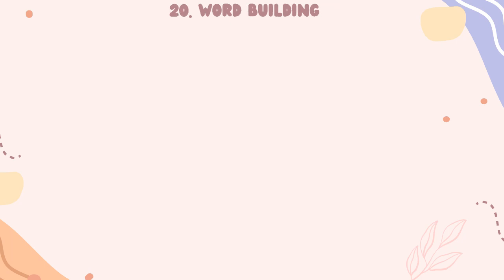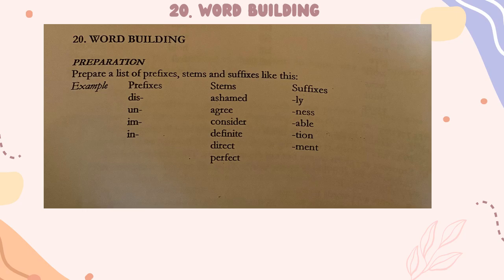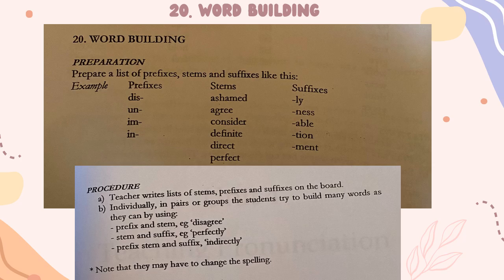Technique number 20 is word building. This technique is a bit more advanced compared to others since it requires students to work with affixes. They have to know what suffixes are, prefixes are, and root or stem words are. However, if you have taught them before or are teaching them right now, it is a good way to challenge them and bring out their creativity.